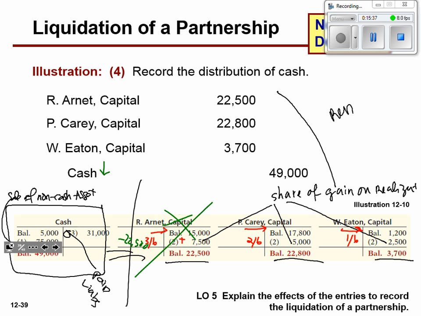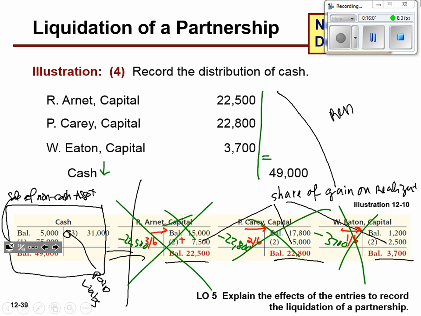So you're actually wiping these capital accounts out and handing them the cash instead, and away they go. The partnership's done. So with the P carry, we're going to do a minus 22.8, and over here minus 3,700. We're wiping them out, and then the 3 collectively equal the cash that we're going to give them instead.